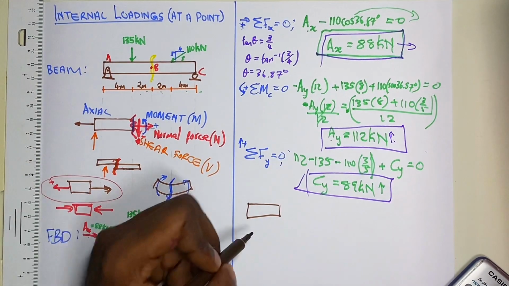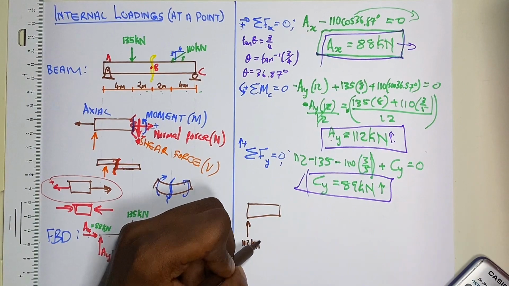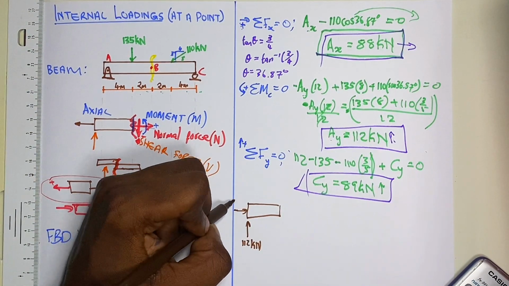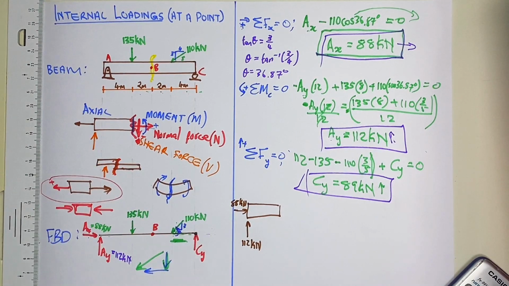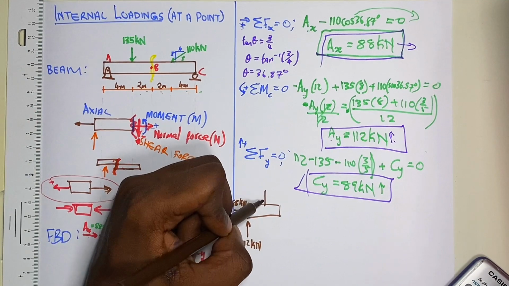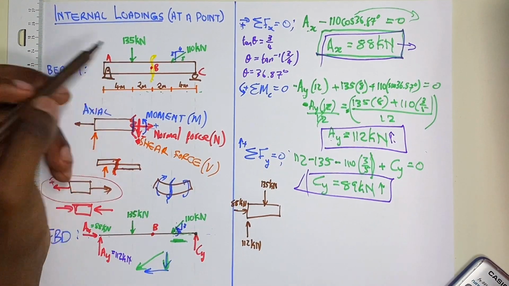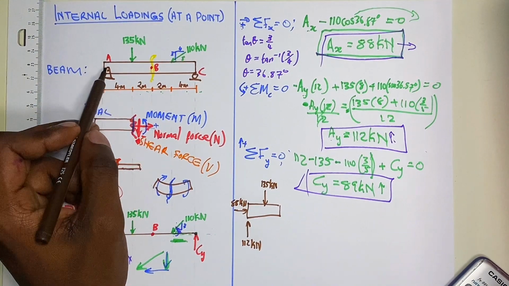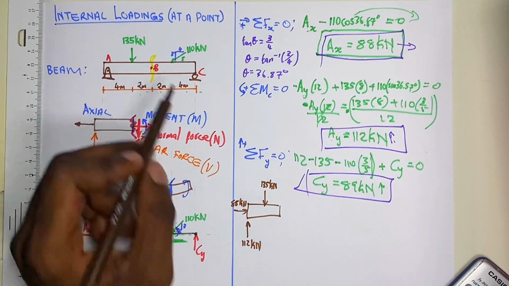Therefore, I have my force of 112 kilonewtons, and then I have another force of 88 kilonewtons, and those are the support reactions. And then again, I will have the 135 kilonewtons, which is this force that is acting within my member AB.